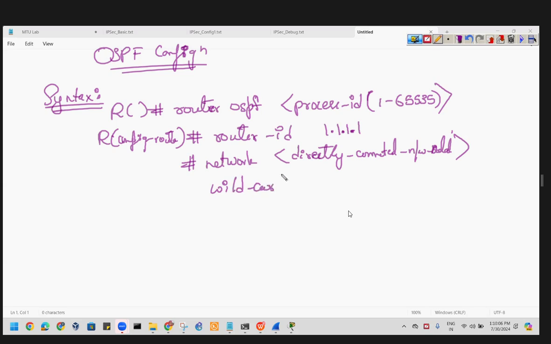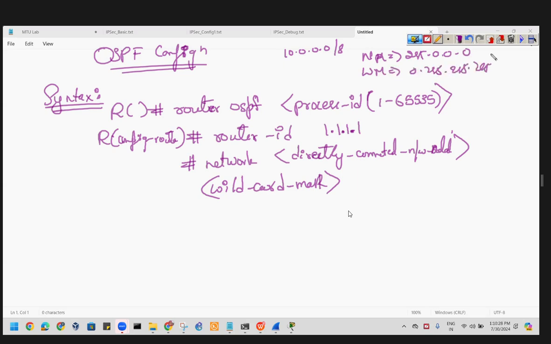I told you what the wildcard mask is, correct? Reverse of the net mask. So if I'm advertising 10.0.0.0/8, the net mask will be 255.0.0.0, so the wildcard mask will be 0.255.255.255. N bits are on here, H bits are on here.